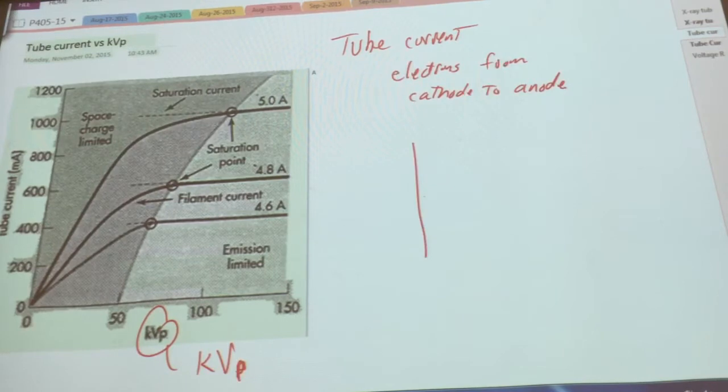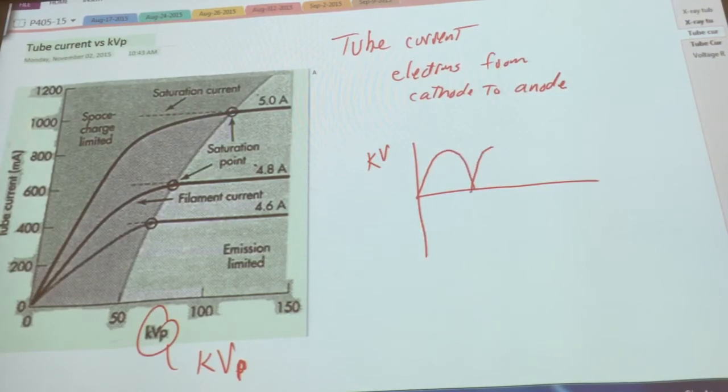Yeah, they're talking about something like this. We'll put the kV here, and I'll just do a full wave rectified for this example. That is kVp.